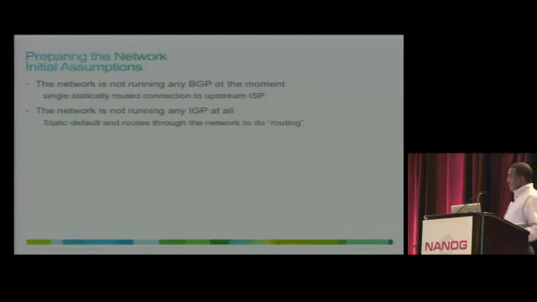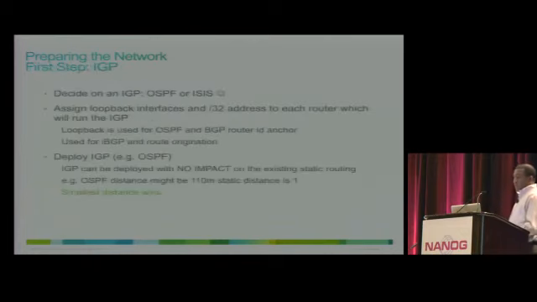So the assumption is there is no BGP running and there is no IGP running. So it's just a new network starting, essentially. First you have to decide what type of IGP protocol to run, OSPF or IS-IS. Both of them are link state.